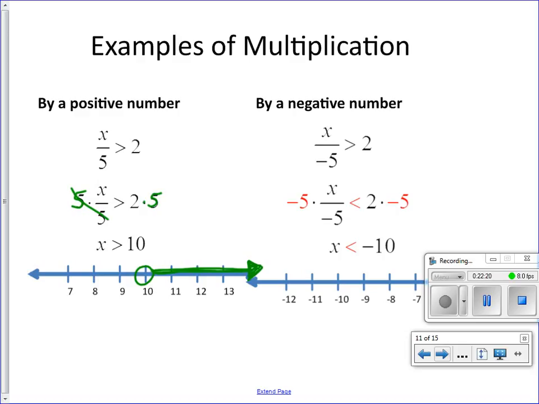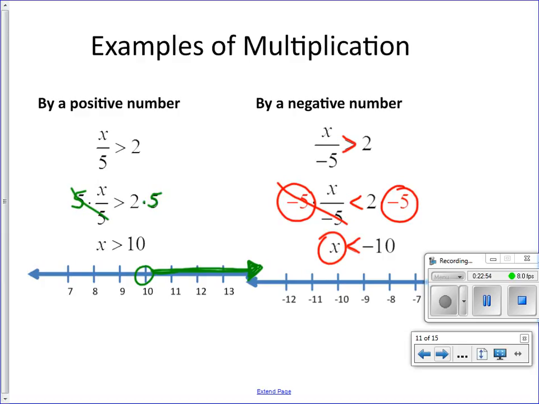All right, if we multiply by a negative number, in this next case, here we are dividing by negative 5, so we multiply by negative 5 in order to get rid of the denominator. Our negative 5's cancel out, leaving us with the x, which we bring down here. But notice what was greater than now has to be flipped to make it less than.